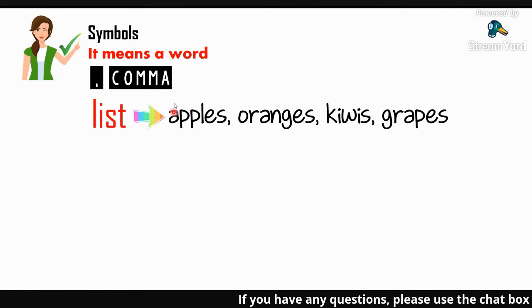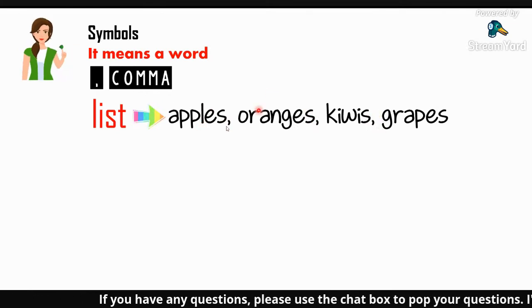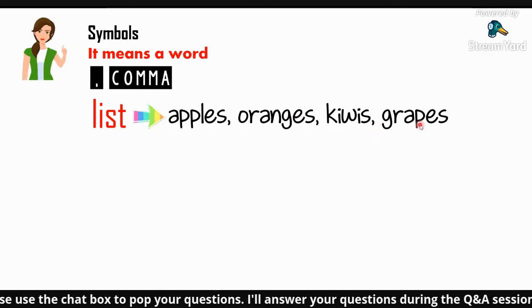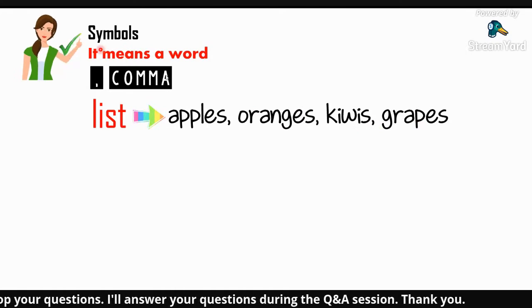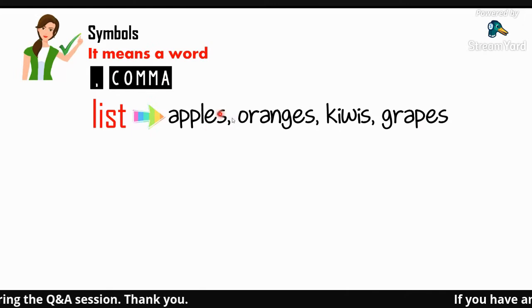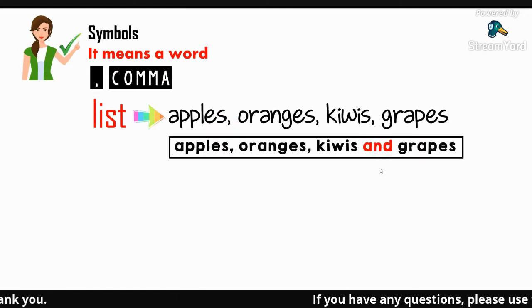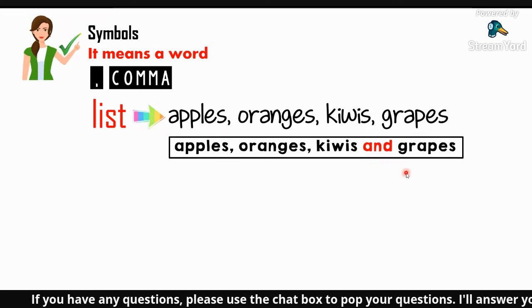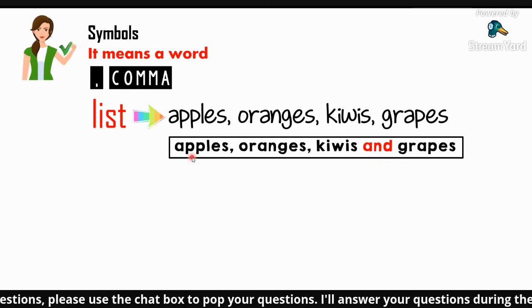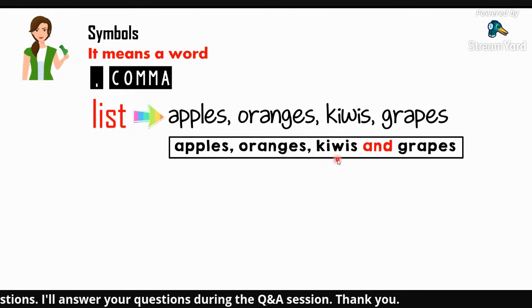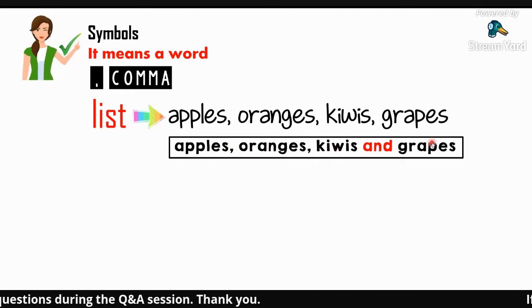So we have apples, comma, oranges, comma, kiwis, comma, grapes. The word that represents the last comma is the word "and". You need the word "and". So we have apples, oranges, kiwis, and grapes.